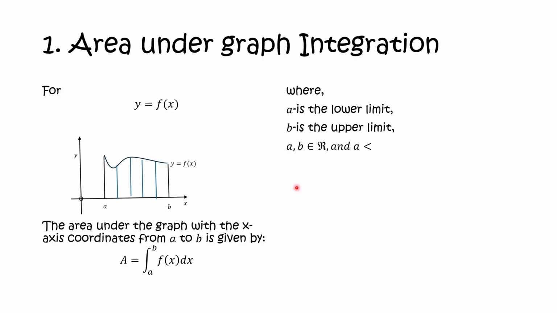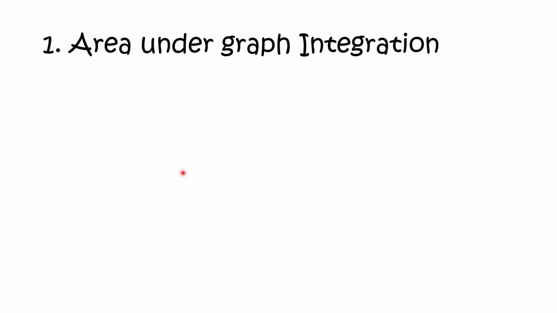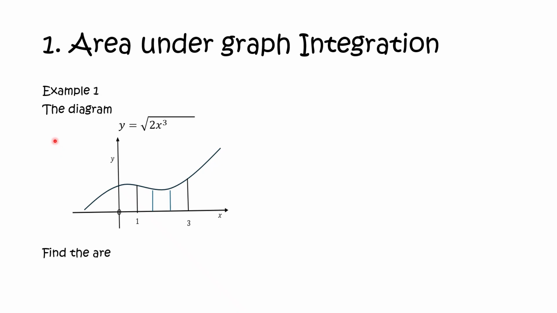So recall, A and B are elements of real numbers, and A is less than B. Great. So now let's take a look at an example.